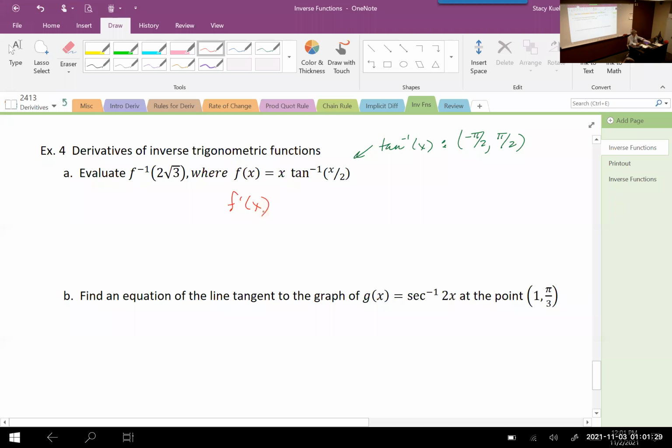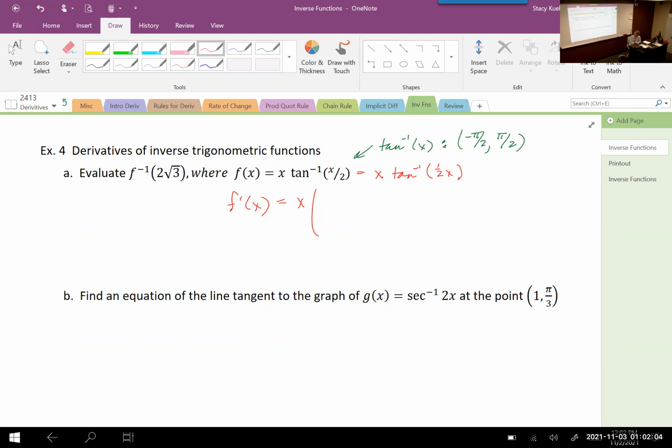Well, that's the chain rule. So we have the first times the derivative of the inverse. So I'm just going to rewrite this one as x inverse tangent of 1/2 x. I can see that better.